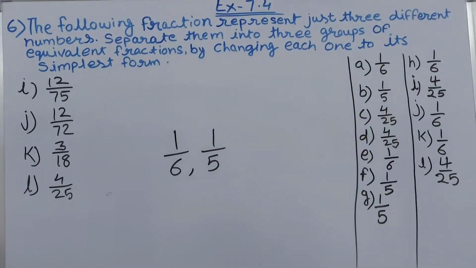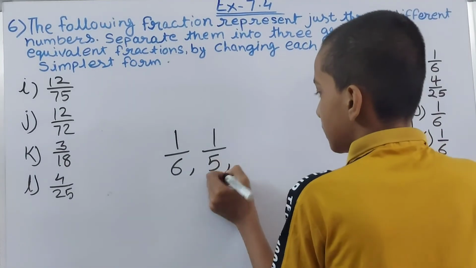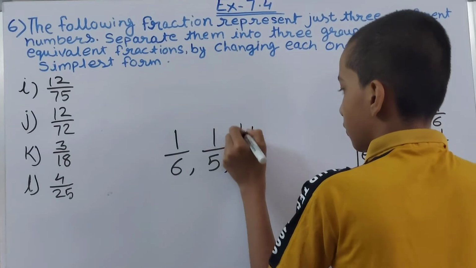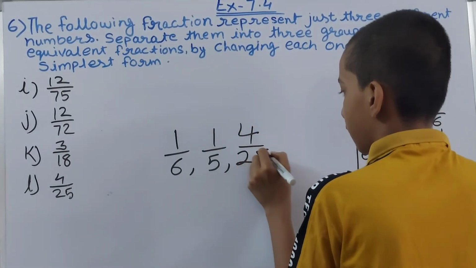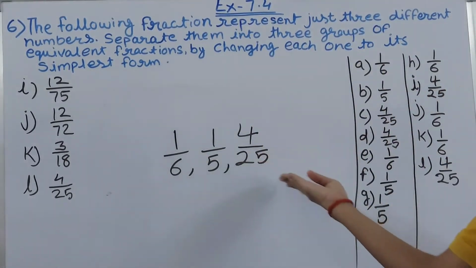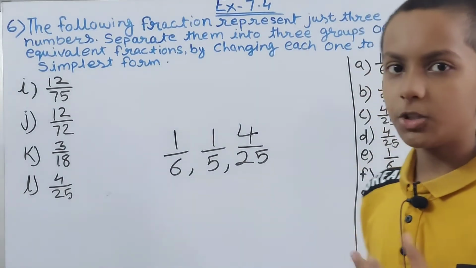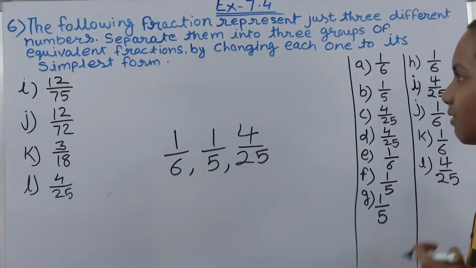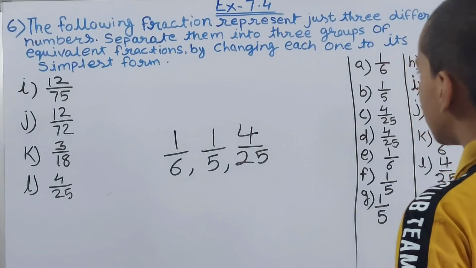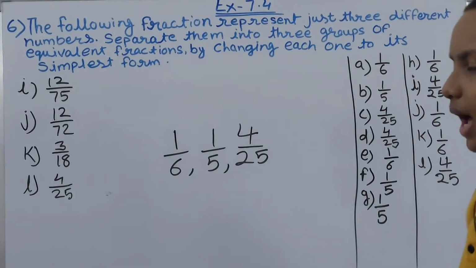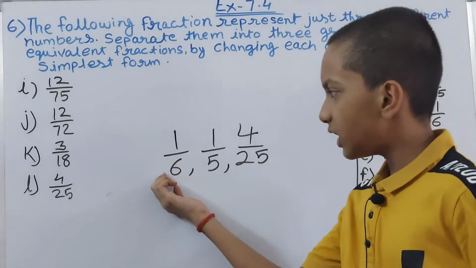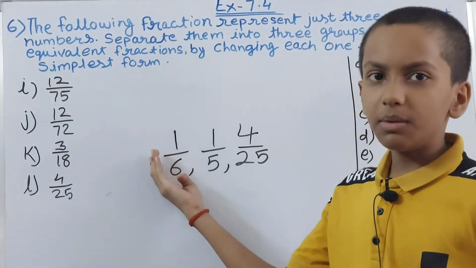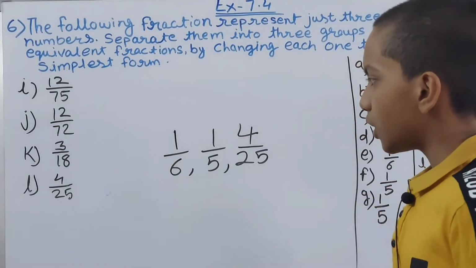What else over here can we find out? As you can see, this is 4 upon 25, which is also a simplest fraction. Now these 3 are the simplest fractions they were talking about, and now if we have to see the equivalent fractions, the fractions which were simplified into 1 upon 6 will be the equivalent fractions of 1 upon 6.